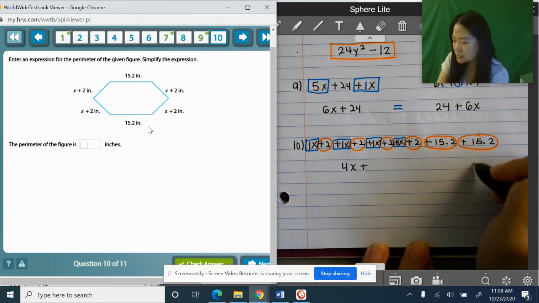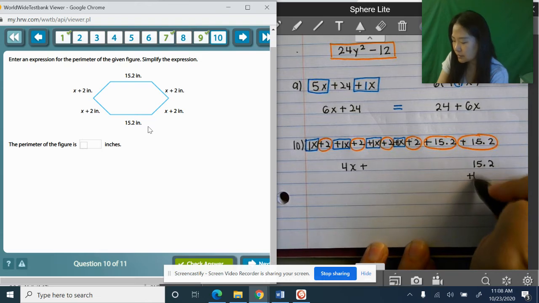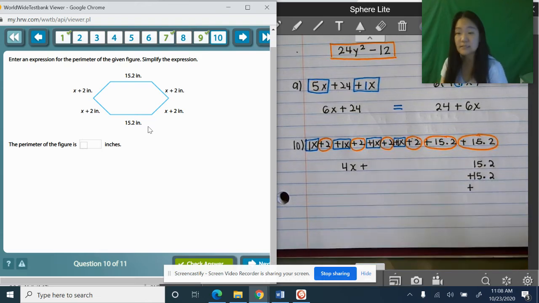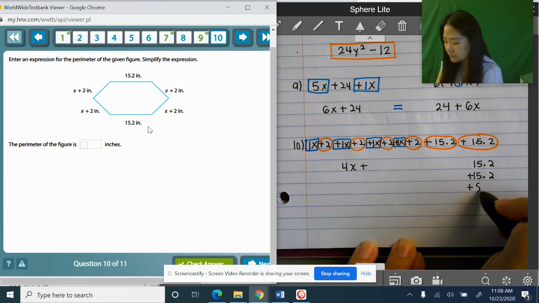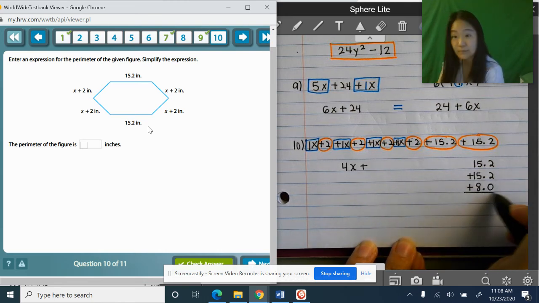I'm going to use a little bit of a shortcut. If it's okay with you, I'm going to add 15 and 2/10 plus 15 and 2/10 plus 8, or 8.0. Remember, you have to line up the decimal points.